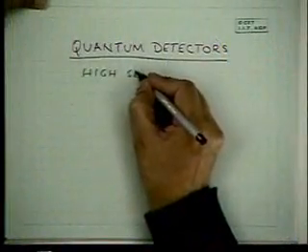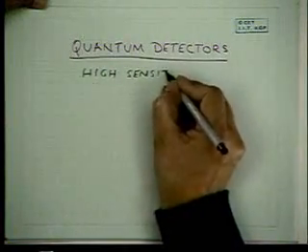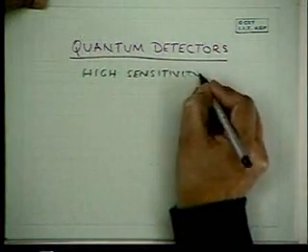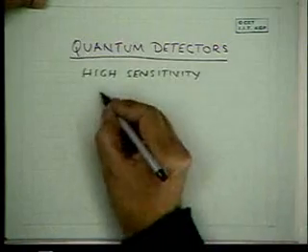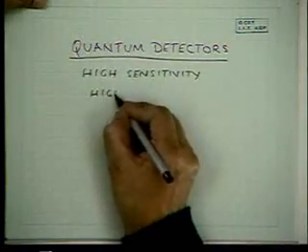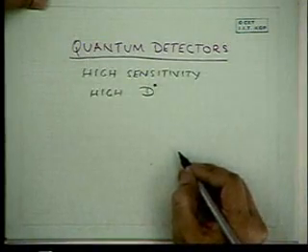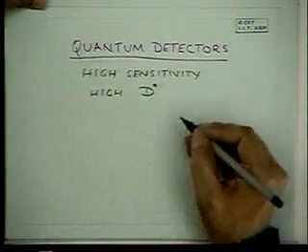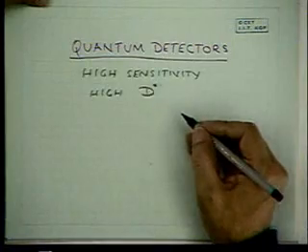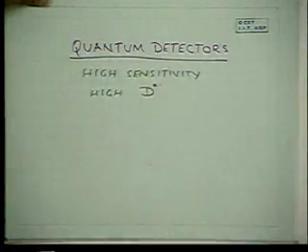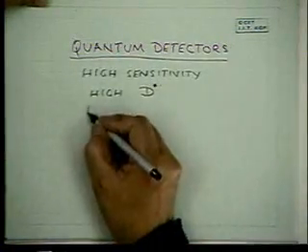These quantum detectors have the advantage of very high sensitivity or high detectivity, high D star values, almost reaching the ideal value of D star predicted from theory. They also have very fast response.